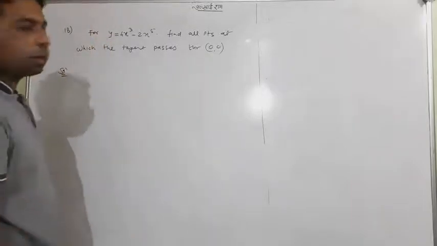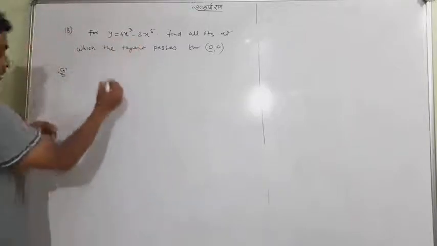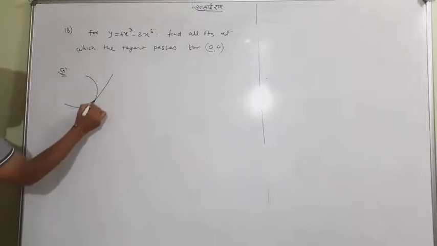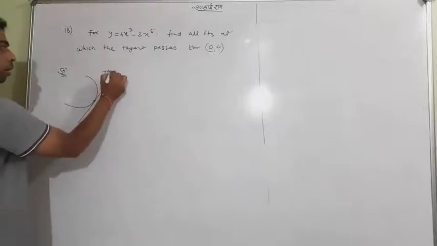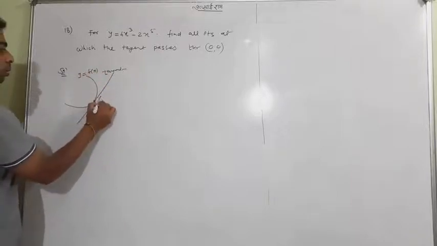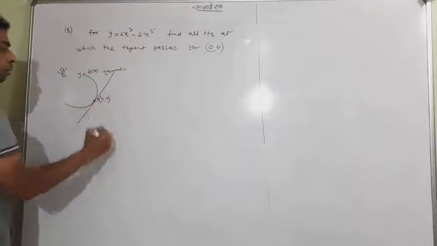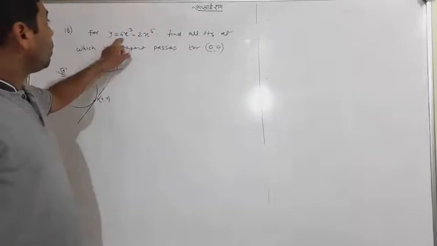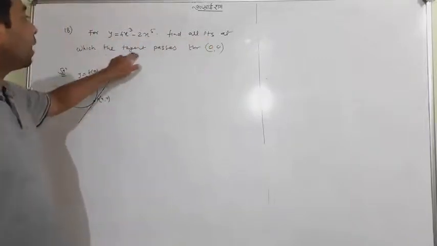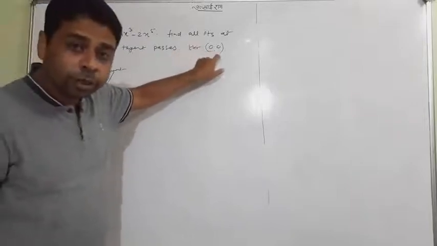The question says, this is a curve, this is a tangent, and this is the point of contact. Find all the points at which the tangent passes through the origin point.